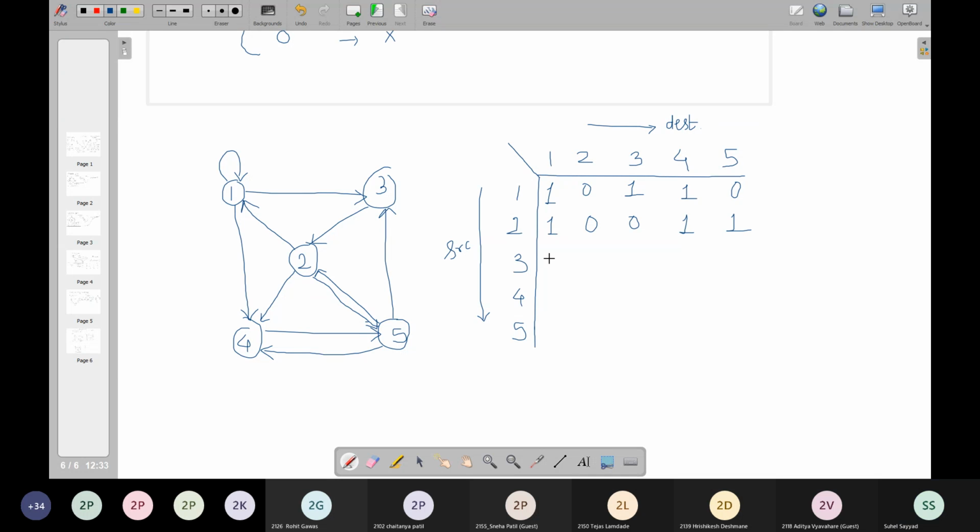3, 1. Do we have an edge? Yes. Can you tell me? 3, 1.